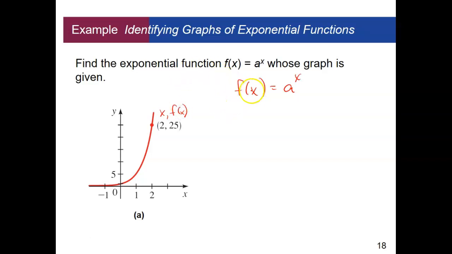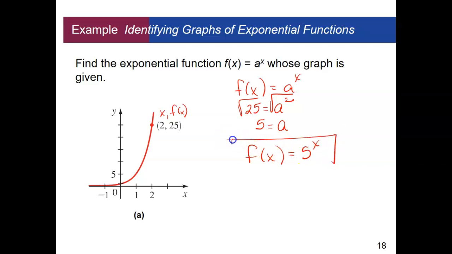In the place of f of x, I'm going to substitute 25, and in the place of x, I'm going to substitute 2. So a squared is 25, so taking the square root of both sides, a is going to be 5. So my exponential function is going to be f of x equals 5 to the x, and that's going to be my equation.